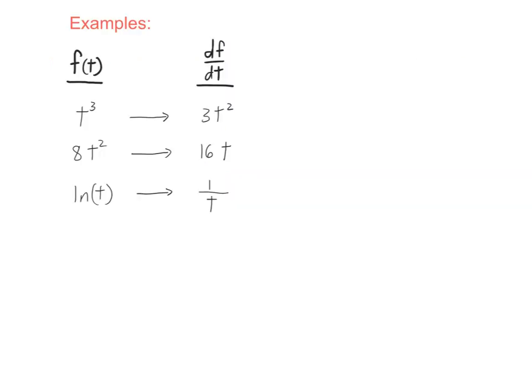So suppose I have a function, for example, t cubed, and I take its derivative. I'll get 3t squared. If instead I had a function, for example, 8t squared, and I take its derivative, I would get 16t. If I had the function natural log of t, and I took its derivative, I would get 1 over t.